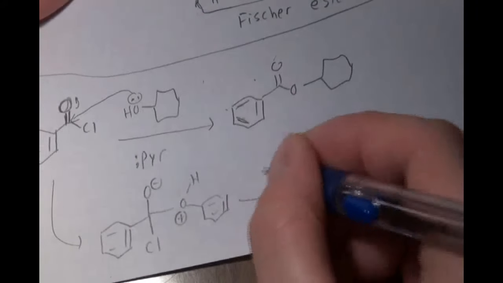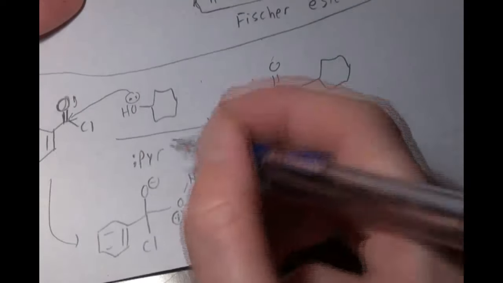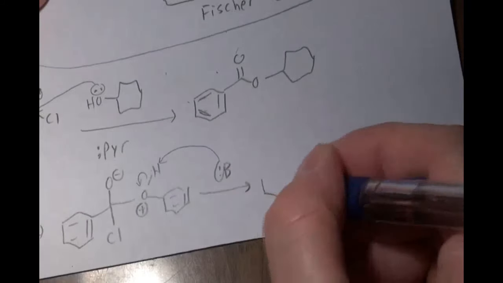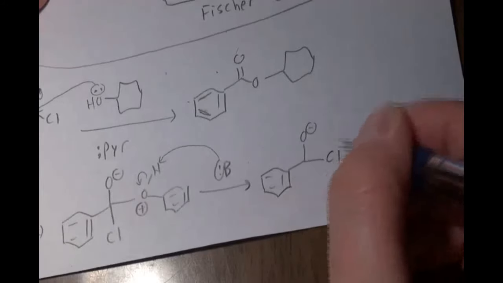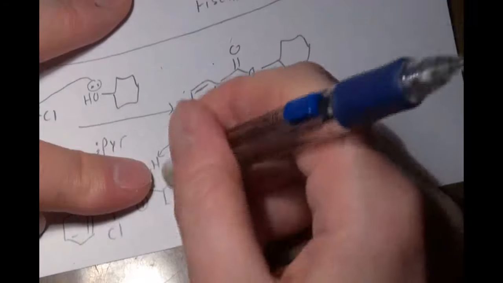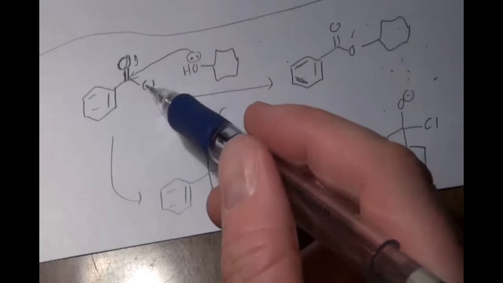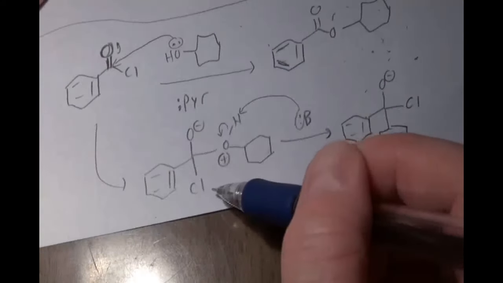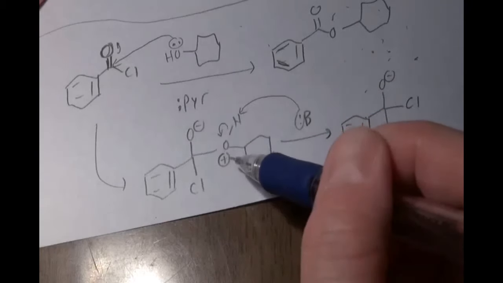What's the next step? Base does something. Now base takes the proton. I just flipped it around a bit. Uh-oh. And that's not a benzene. Sorry, my bad. Okay, so nucleophile attacks, electrons go up, base takes the proton off of where the nucleophile was, the alcohol proton.